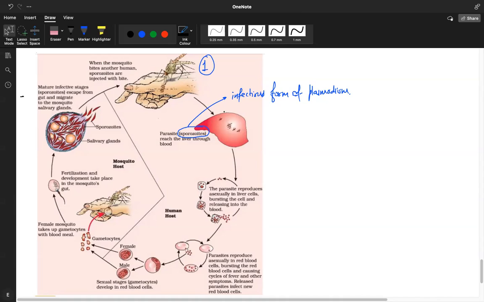So they go to the liver, hide there, infect the liver cells and grow, reproduce. What they want is to reproduce fast and multiply as much as they can. That's why their reproduction in humans is asexual. You understood, everyone, the concept, the logic? Yes, sir. So you can write down: the parasite reproduces asexually in the liver cells. It is a rapid multiplication. Okay.